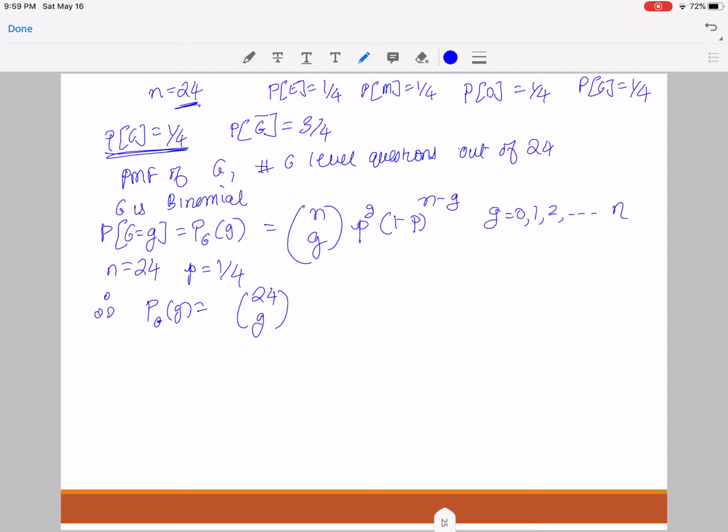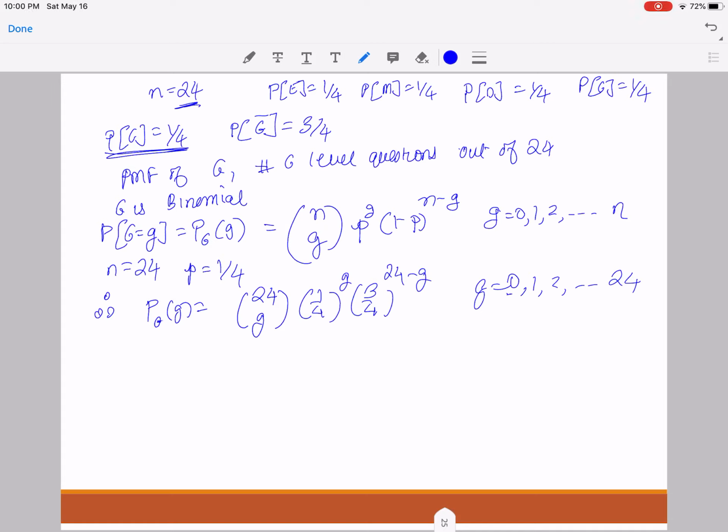Okay, so the PMF of G is going to be 24 choose G, 1 over 4 to the G times 3 over 4, because 1 minus p simplifies to 3 over 4, to the n minus G, or 24 minus G, where G can be 0, 1, 2, and so on until 24.